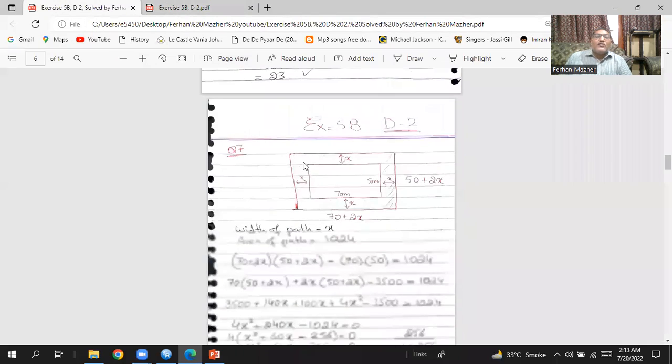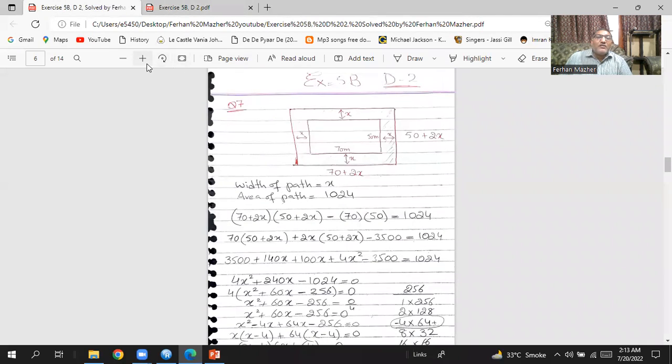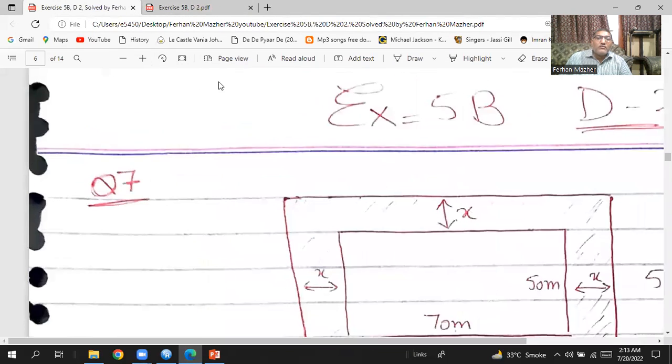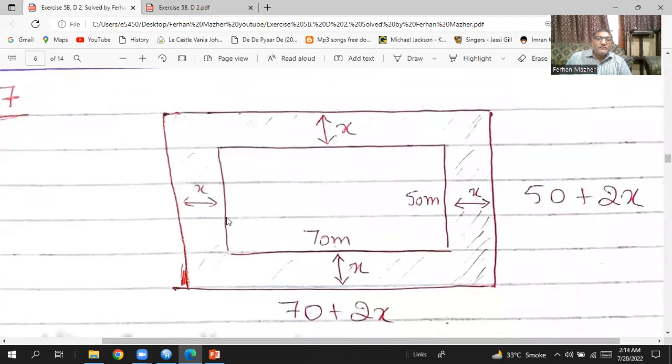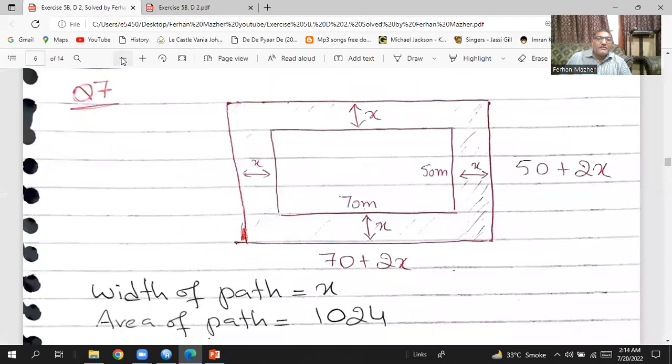Okay. So basically, we are talking about this. Here we have a field which is 70 meter long and 50 meter wide. Around it, we have a concrete path, and the width of the path, suppose, is x, in all the directions.